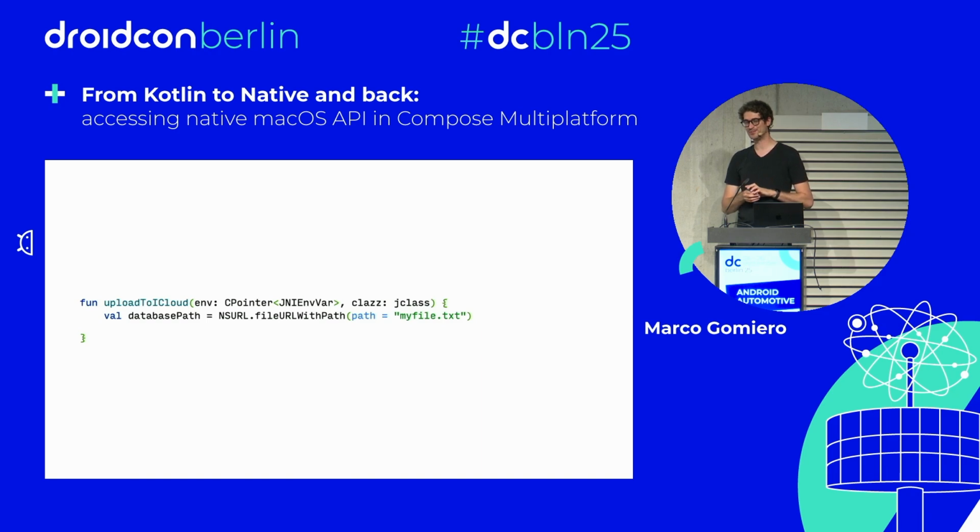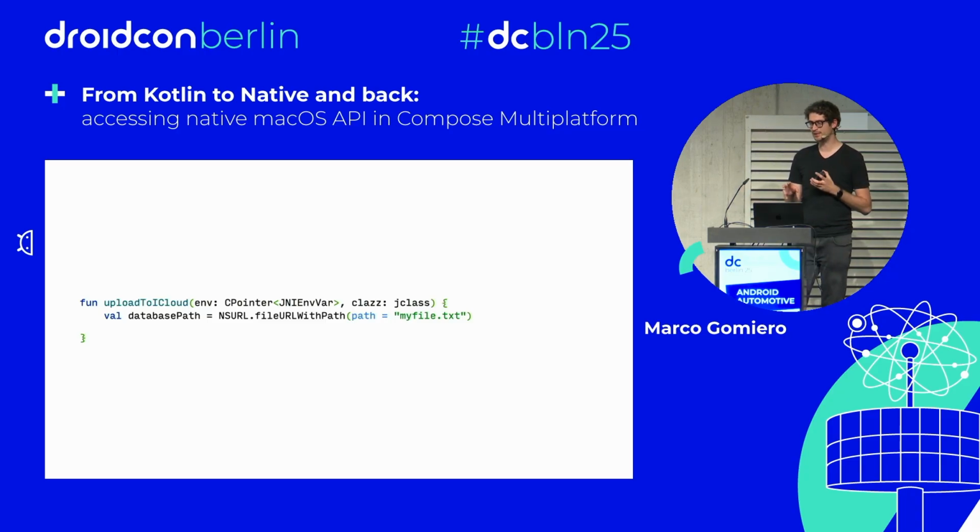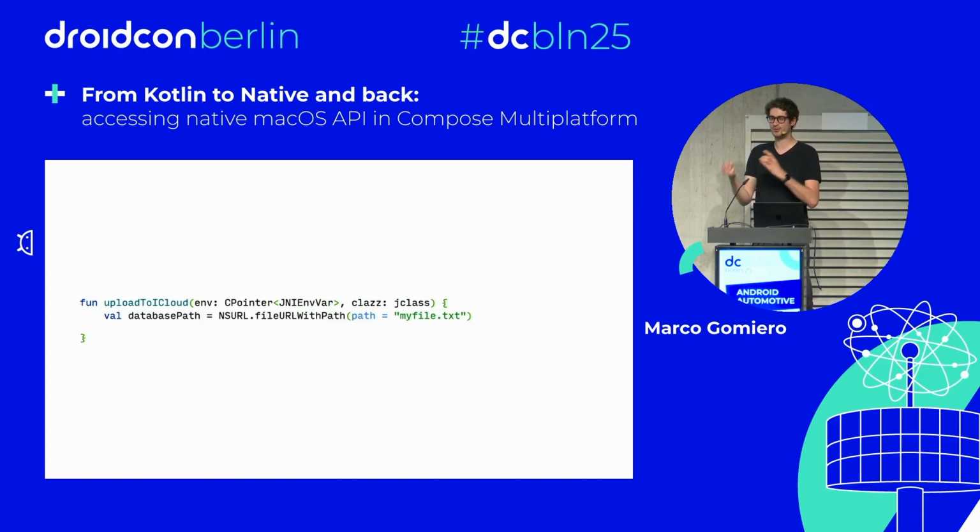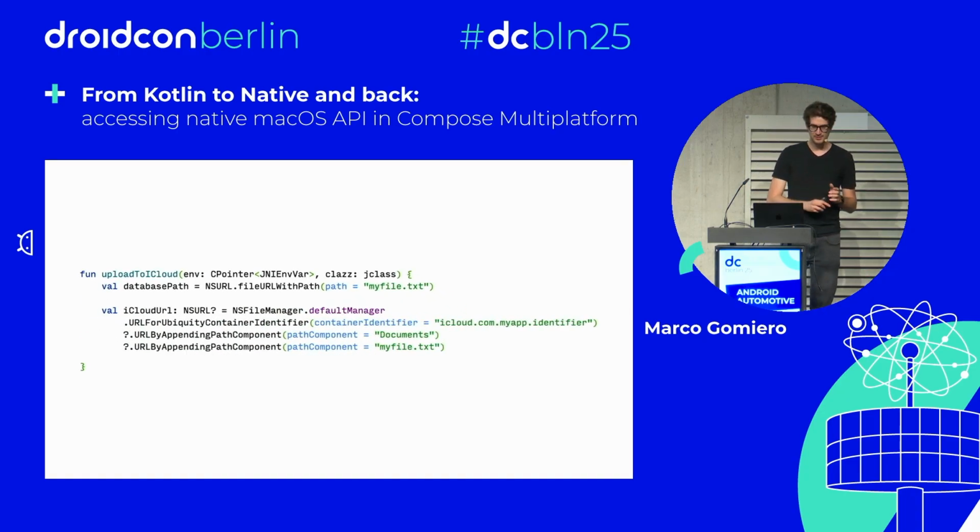The first thing that we have to do is get the URL of this file, and basically on iOS, the Apple APIs work with URLs, so we get the URL of the file on the file system, and then we can deal with that. Secondly, we need the destination URL, so the URL for iCloud. And we can get the URL from iCloud, again, using the file manager, NSFileManager.